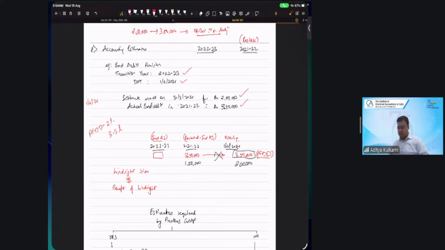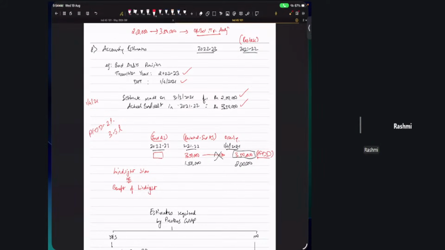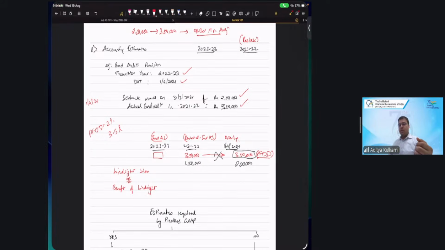On 31st March 21, you had made an estimate of 2 lakh rupees would be your bad debts. When you did 31st March 21, you thought bad debts would be 2 lakhs and you made a provision for 2 lakhs. But the actual bad debt in 21-22 is 3,50,000. The transition year is 22-23.